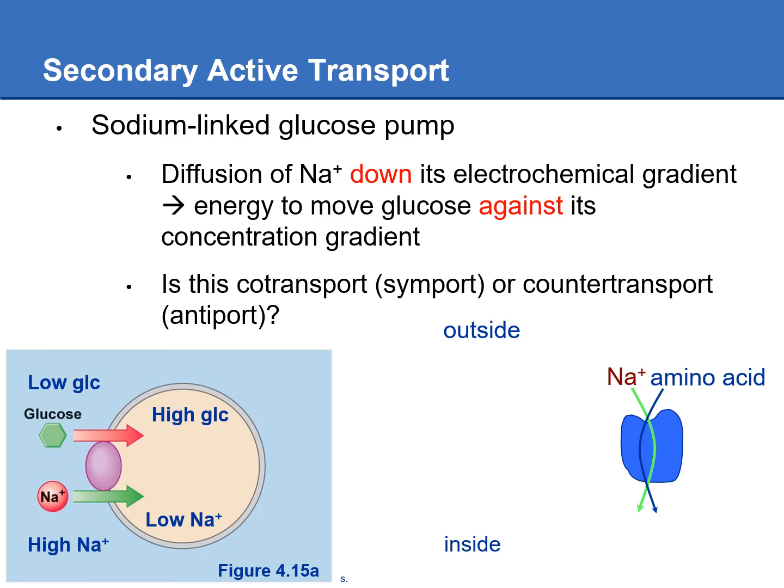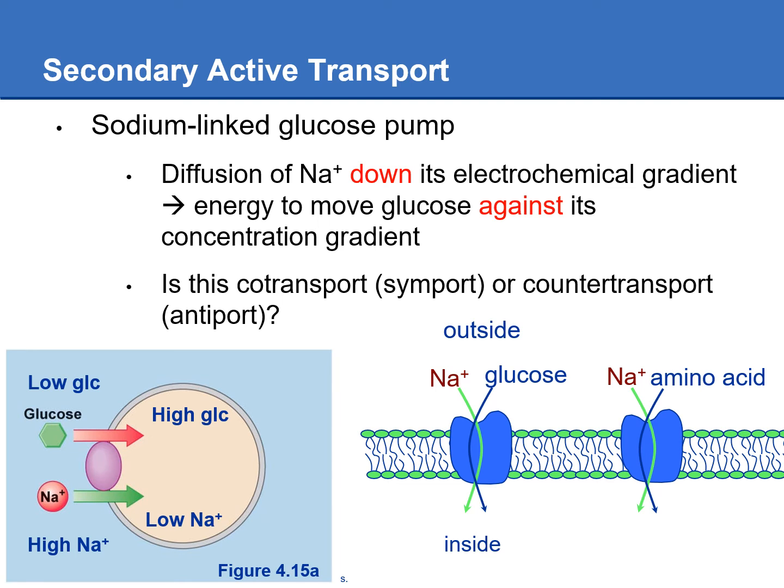All right, so we'll just take a look here. This is what we had drawn on the previous picture, and I've just got a little animation here. So if we have sodium going down its gradient, and we can see that in our picture, sodium's moving from high to low concentration. And then we've got glucose moving from low to high, so it's going up the gradient.